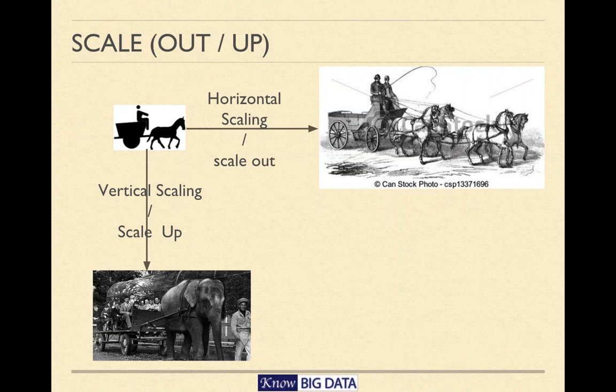One, add an elephant or a bigger horse into the cart, or add multiple horses into the cart. When you add multiple horses into the cart, it's called horizontal scaling. And when you replace the horse with an elephant, that's called vertical scaling or scaling up, right?